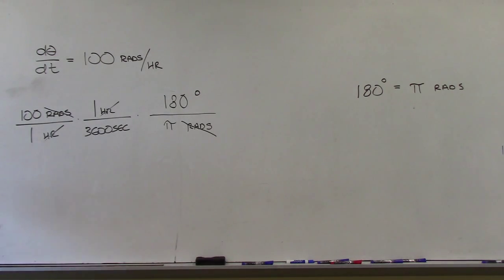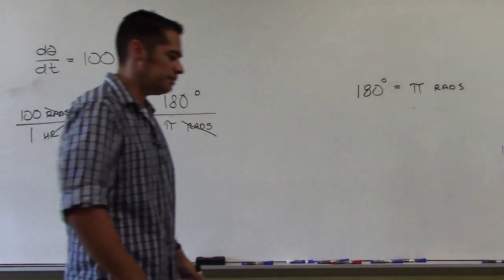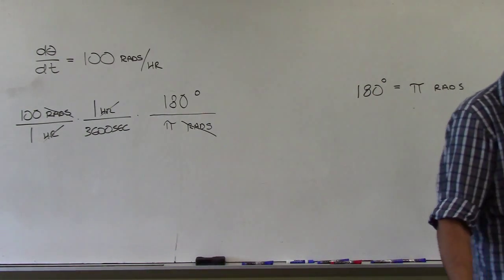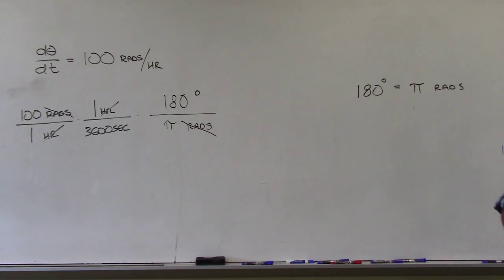Let's multiply that. Someone on their calculator, take 100 times 180, divide by 3,600, and then divide again by pi. Let's see what someone gets. Anyone?